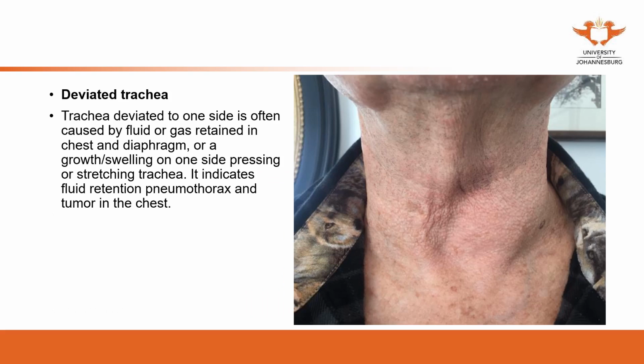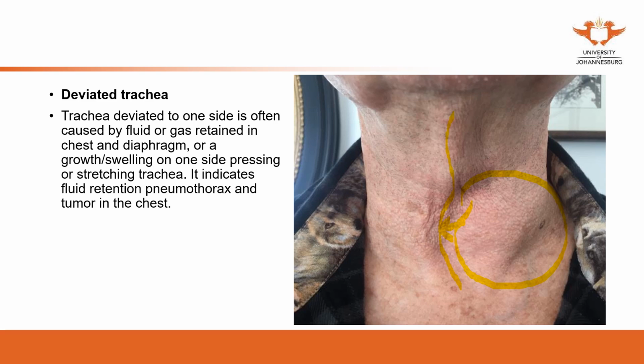Deviated trachea, as you can see from this image, that's the patient you can see here. The deviated trachea can be the result of other diseases, such as enlargement of the thyroid on one side, which will push the trachea to one side. It also can be other problems from the lung.